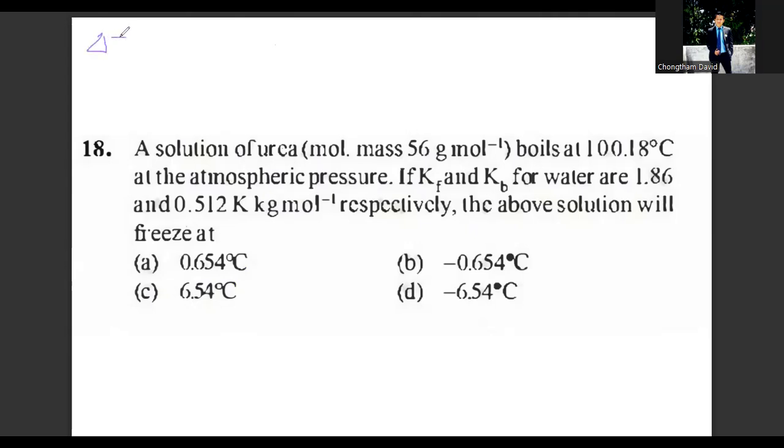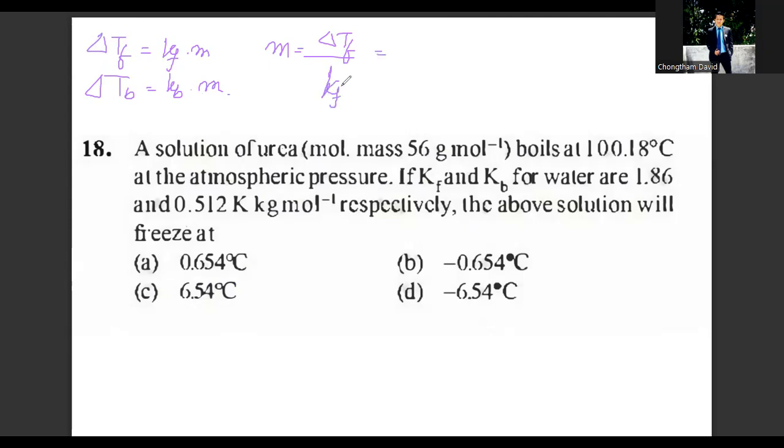Now, delta Tf can be written as Kf into molality, and delta Tb can be written as Kb into molality. Hence, we have a new equation. Molality in both the cases can be compared by this equation. Can I write like this? Yes.